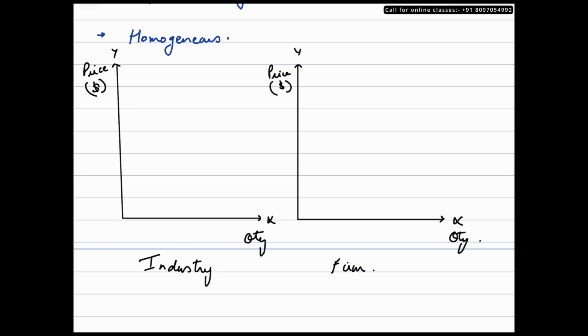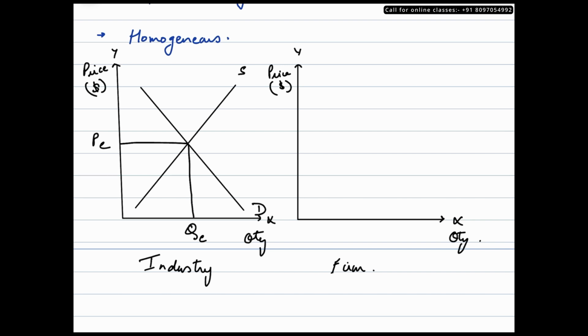Now let's get back into the diagrammatic representation as to how the price could be determined in a perfectly competitive market. Now, as we can see, we have two representations over here. One is talking about the industry and the other about the firms. In an industry, under perfectly competitive market, this is what the supply curve would look like, and this is how your demand curve would look like, and this is basically your price at equilibrium and your quantity demanded and supplied at the equilibrium.